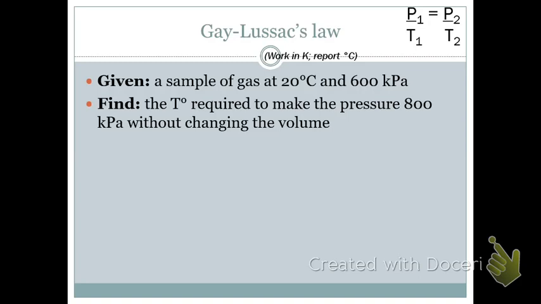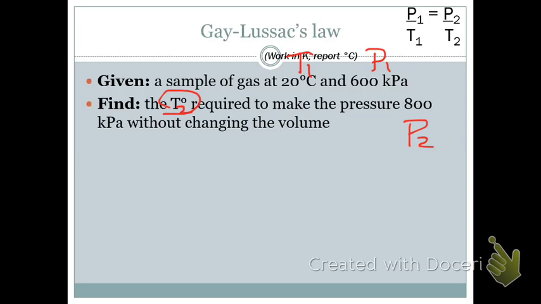So here we have our first condition, temperature 1, and our pressure in condition 1. We do not know our temperature for condition 2, but we do know that our pressure for condition 2 is 800 kilopascals. So we'd have to set up our equation just like we normally would set up the equation based on the formula.